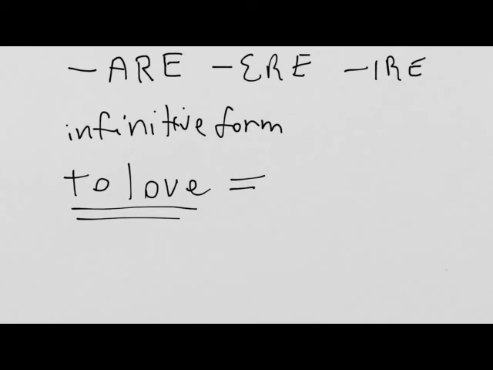You look up love in the English dictionary, it will give you this particular symbol, which means verb. It will also tell you this little thing, T, which means transitive. Let's not be concerned with that right now. But we know that we are looking at a verb, a translation of a verb.